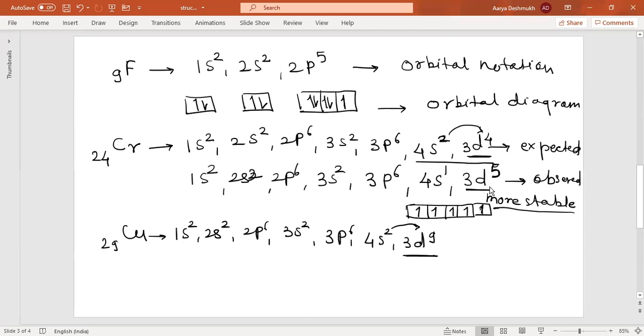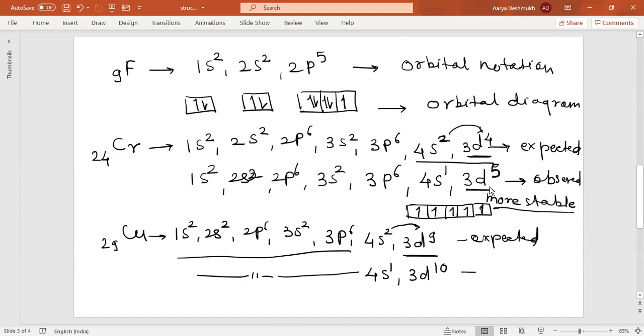When it is completely filled, it would be more stable. So up till here it would remain the same. So I'll write only this one, that is 4s1 and 3d10. Now this is the expected configuration of copper, and this is the observed configuration, which is a more stable one.